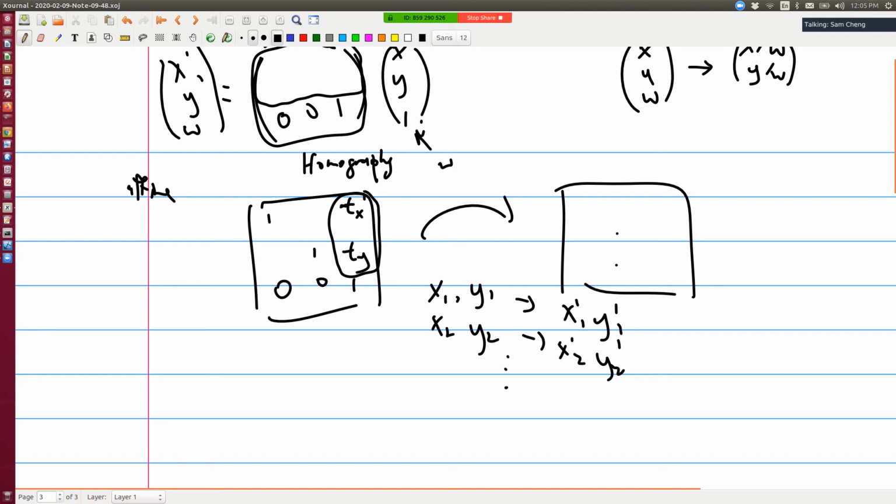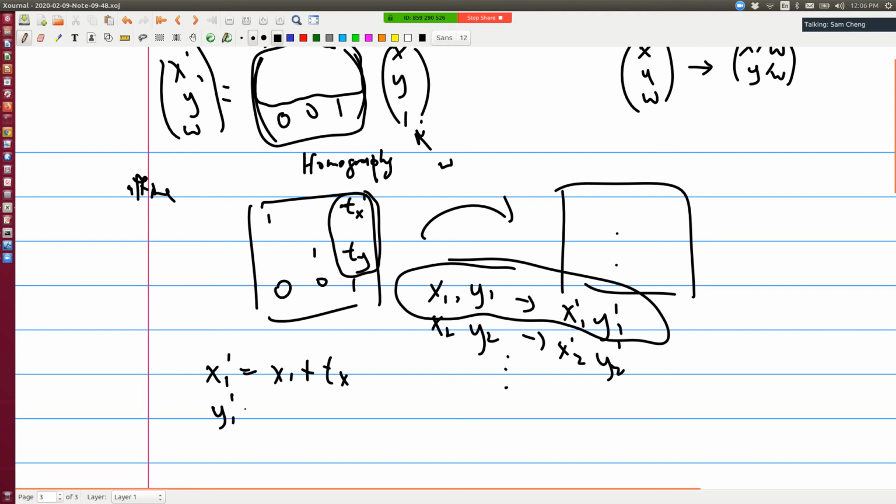In that case, let's just take this simple example again. For this first pair of coordinates here, I can form two equations: x1' is equal to x1 plus tx, and y1' is equal to y1 plus ty.